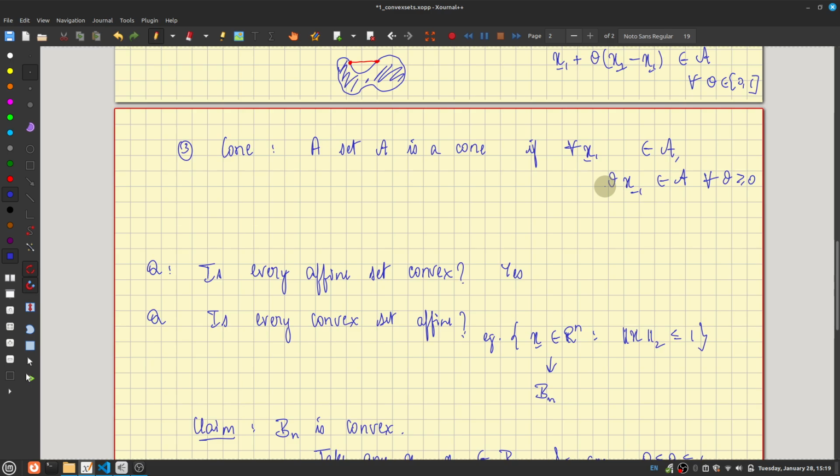A single point cannot be a cone, except in one situation: if that single point is only the origin. But if there's even one non-zero point, then that point cannot be a cone.